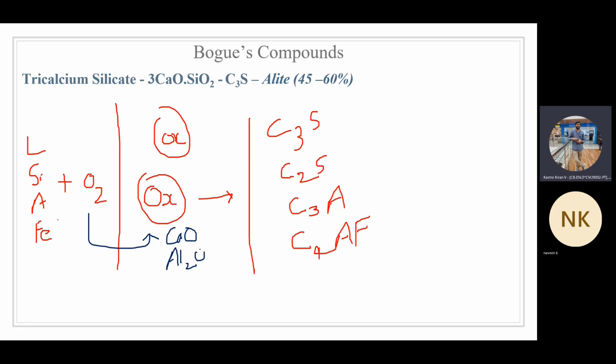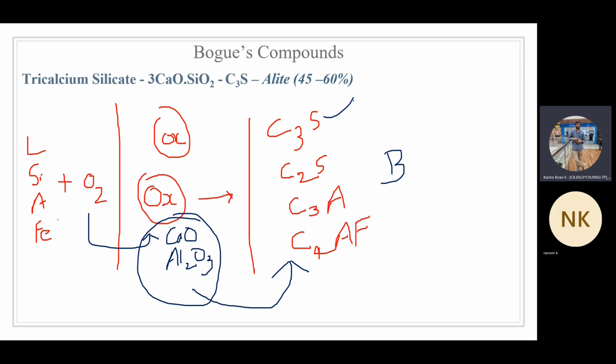When these oxide compounds interact with one another in the rotary kiln, they form complex compounds, and those complex compounds are called Bogue's compounds. These 4 are the Bogue's compounds: C3S, C2S, C3A, and C4AF. That's how the Bogue's compounds are formed.